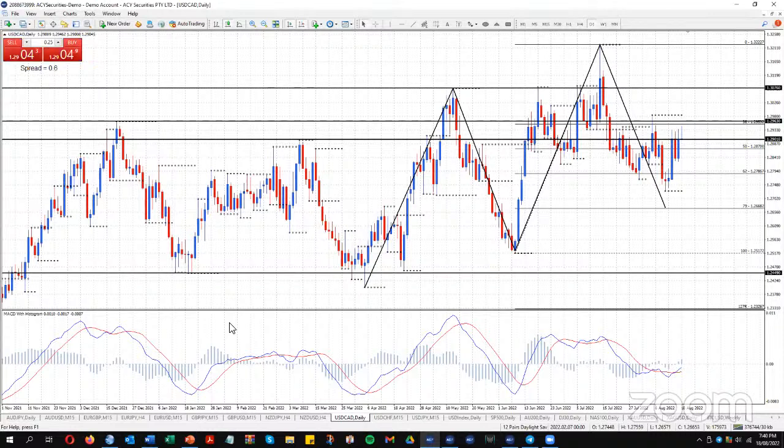You could end up with a very choppy, sideways market on a given currency pair.